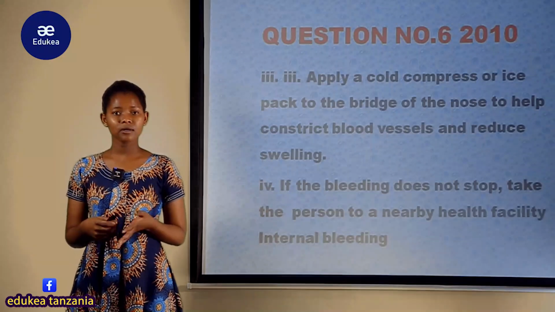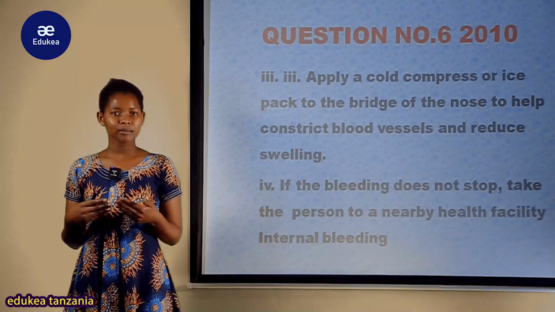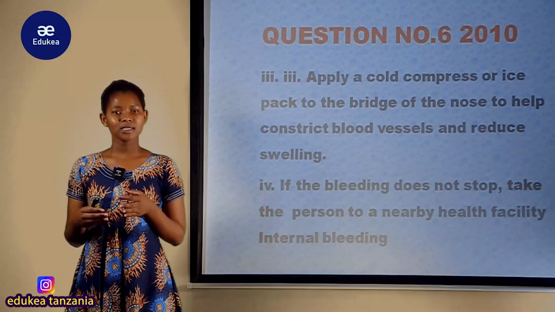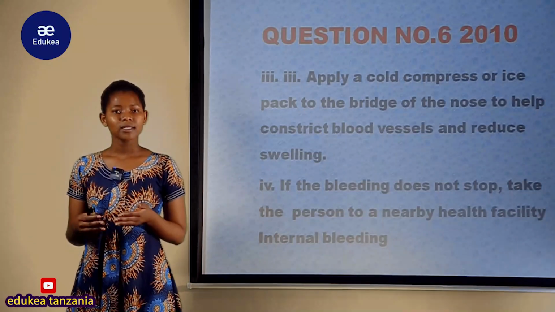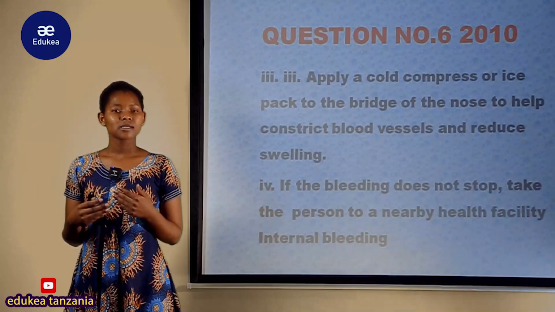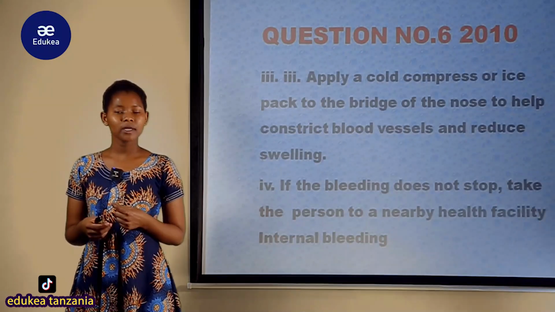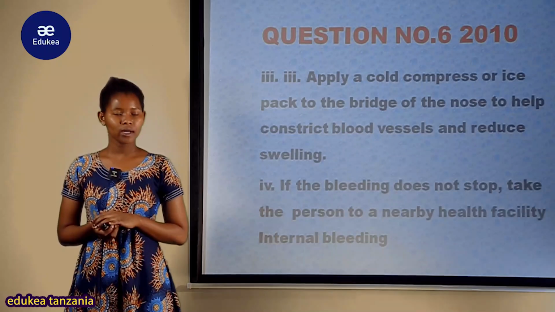That's why ukiona wengi wanaosaidiwa katika first aid mashuleni wanawekewa kitambaa chenye maji baridi usoni, maeneo ya pua, ili kusaidia zile blood vessels zinazopeleka damu puani ziconstrict, na then zikisha constrict itasaidia kupunguza uvimbe unaosababishwa na lile tatizo, na pia kupunguza ile flow ya damu katika maeneo ya puani.